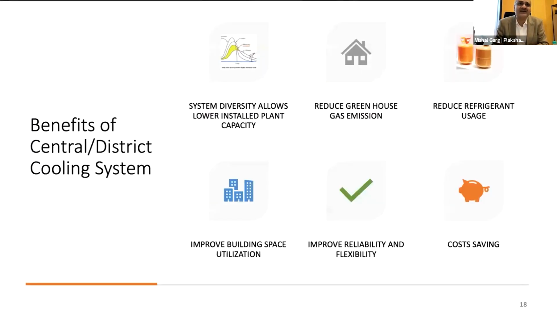So these are the challenges, but there are several benefits of using the central and the district cooling system. We get the benefit of diversity. We have better refrigerant management and reduced refrigerant. We have better space utilization and cost savings, and also improved reliability and redundancy that the system can provide.